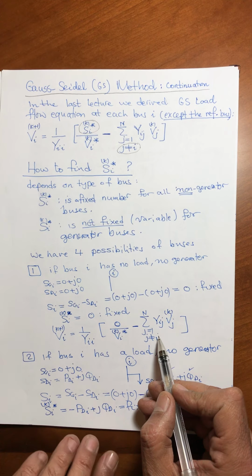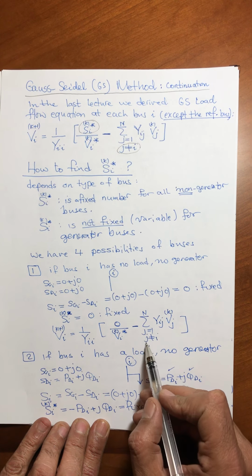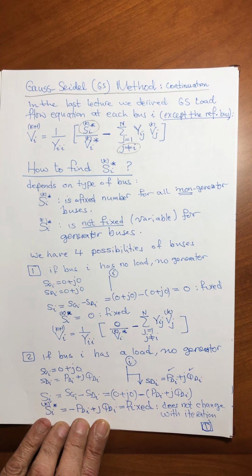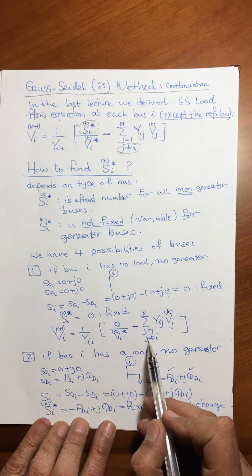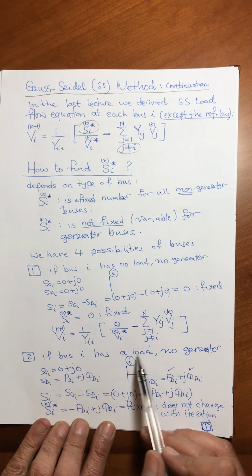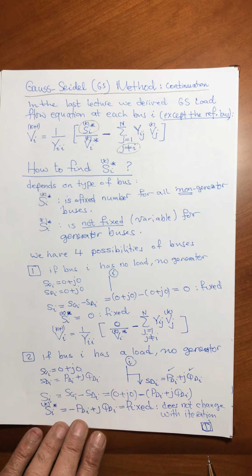The only thing I want you to remember is that bus j should not equal bus i, because when j تساوي i, هي العلاقة اللي استخدمناها to derive Gauss-Seidel load flow equation.